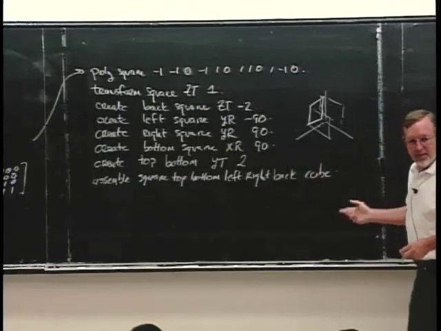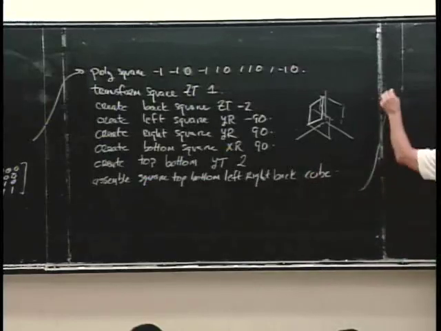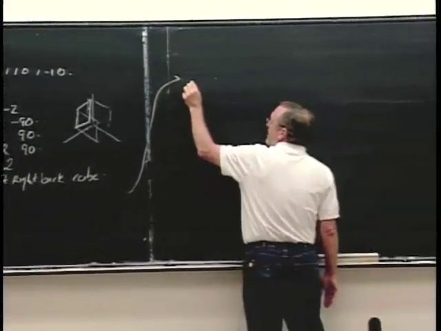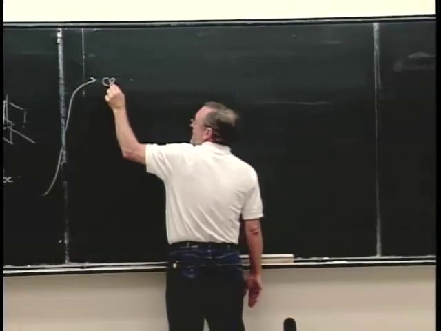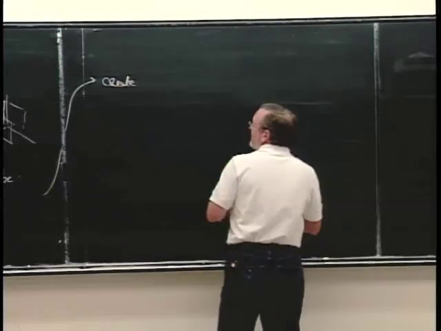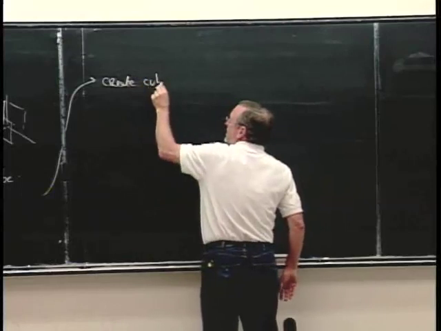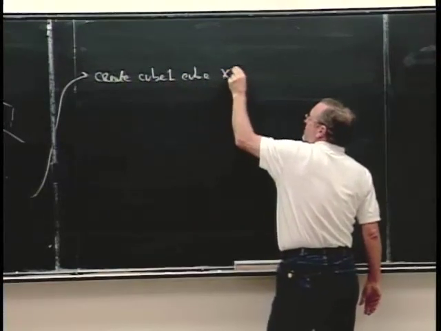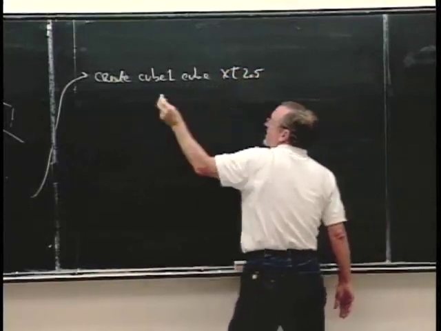Okay? Well, now I'm going to have more fun, and you'll start to see the power of these things. I'm going to say create cube 1 from cube by an x translation of 2.5, say.